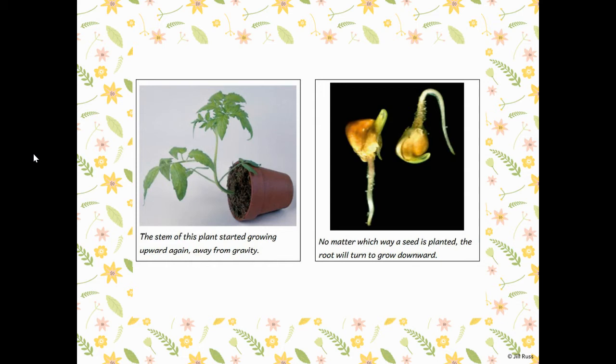As the plant grew, instead of the stem going out or down, it grew up away from gravity. The picture on the right shows the seed being planted. The seed on the left was planted one way, the seed on the right was planted the opposite. And look, no matter what happened, even as that root came out, it made its way downward, growing towards gravity.